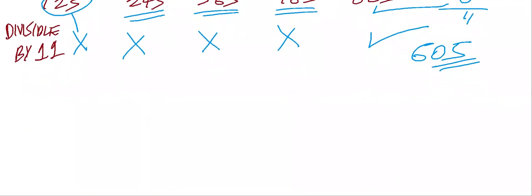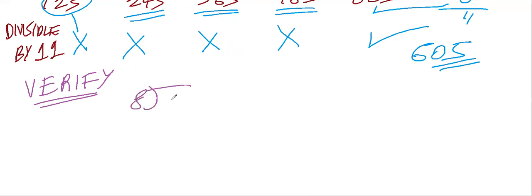Now let's verify whether the answer which we got is correct or not. The question says find the smallest number such that when divided by 8, and so I will divide 605 by 8.